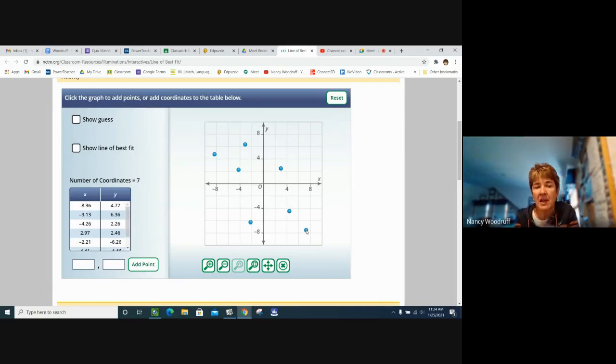Make a guess. Like I said, it's harder and harder to get that trend line in. Let's go really scattered all over the place. What do you think?